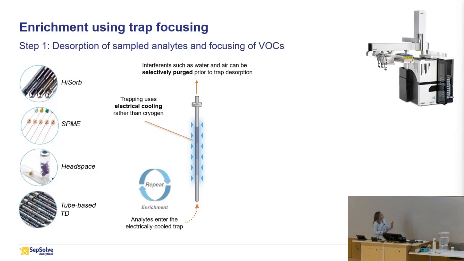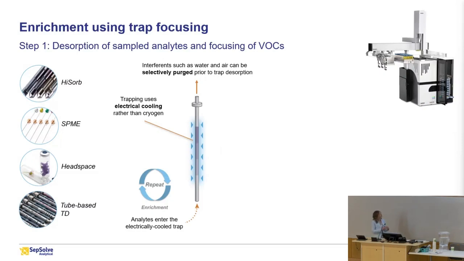The way that the Sentry works, in case you're not familiar: our Sentry system allows for regular sample introduction techniques like headspace or SPME Arrow. We also have HiSorb, which has more phase than a SPME Arrow, and we can also use tube-based TD.